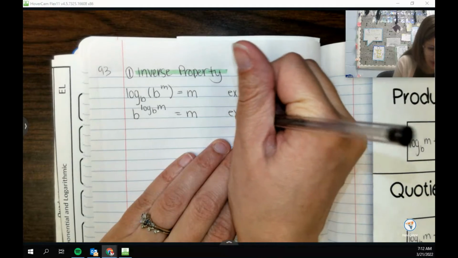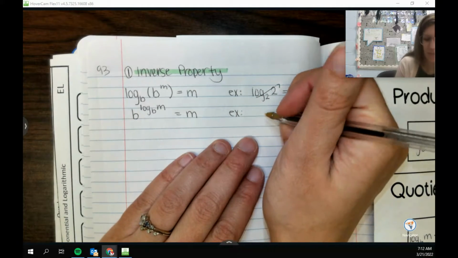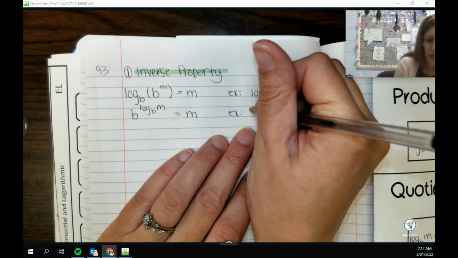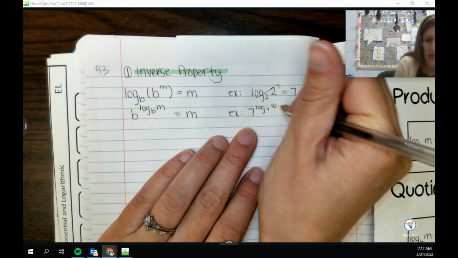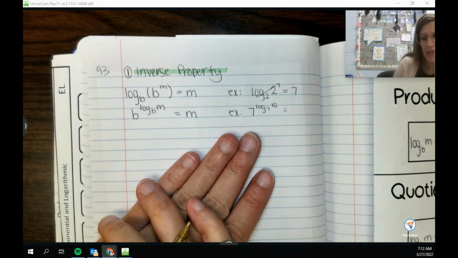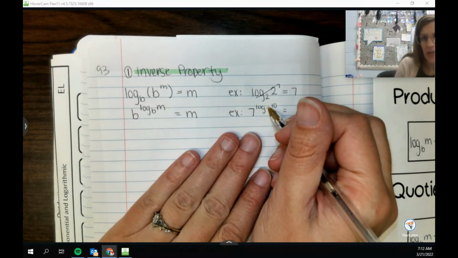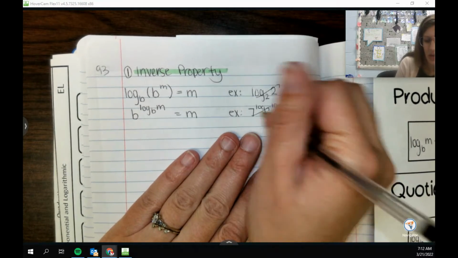And so a simple example could be something like 7 to the log base 7 of 10. Because the base and the log base match, they just go away and you're 10.